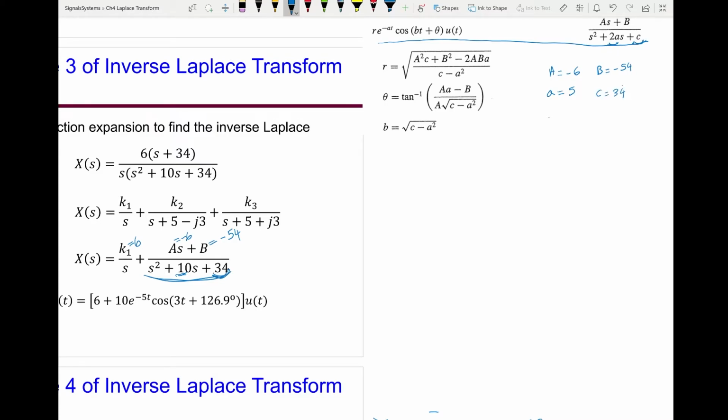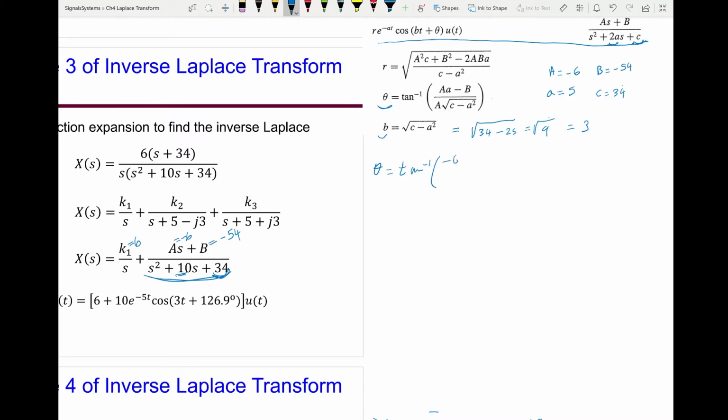Now we need to calculate b. So b will be the square root of C, which is 34, minus a squared, 25. So that's the square root of 9, so that is 3. Now to find theta, it's tan inverse.